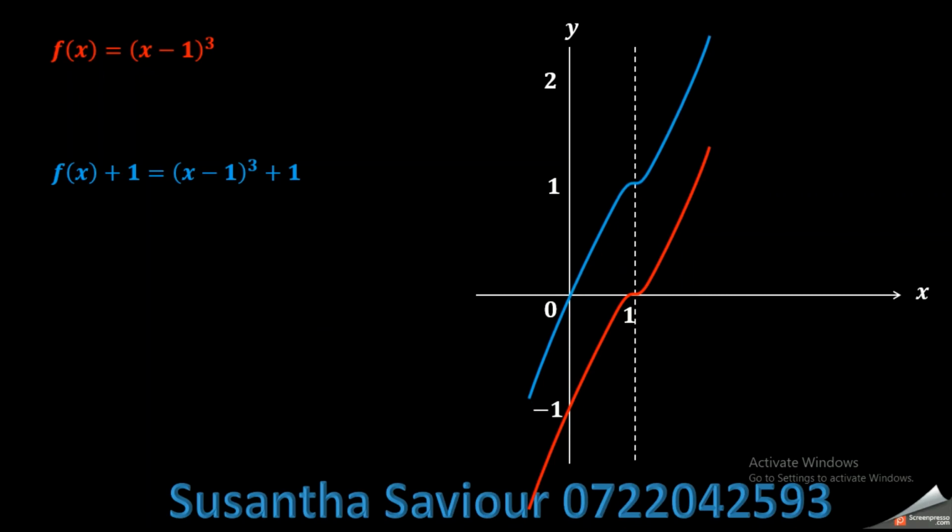Right. Okay. Now we will look at another transformation. f(x) plus 2, that means (x minus 1) cubed plus 2. So this original curve is shifted up by how many points? 2 points.